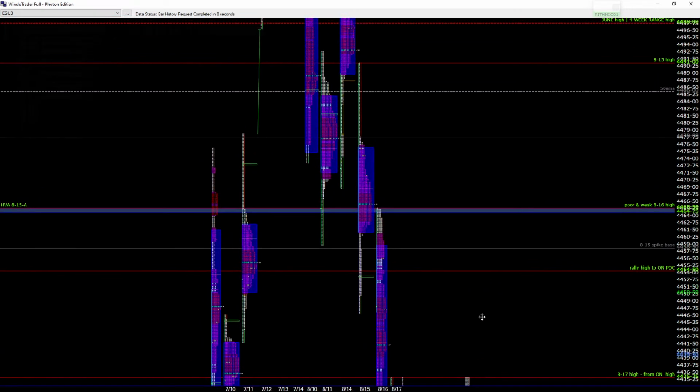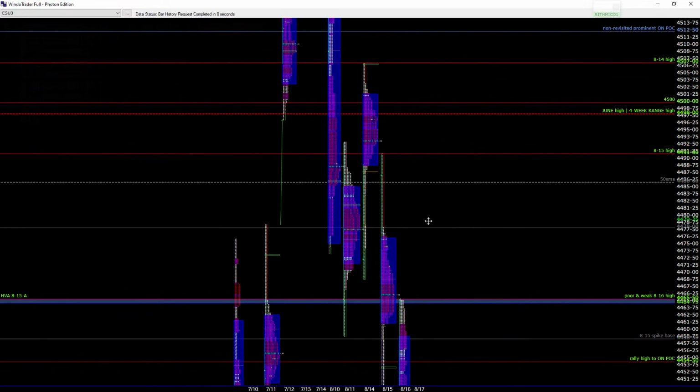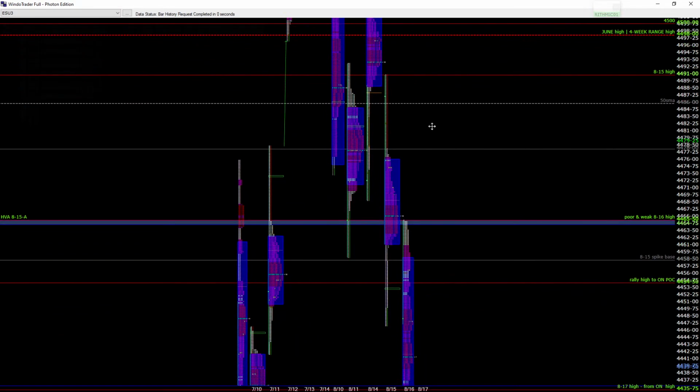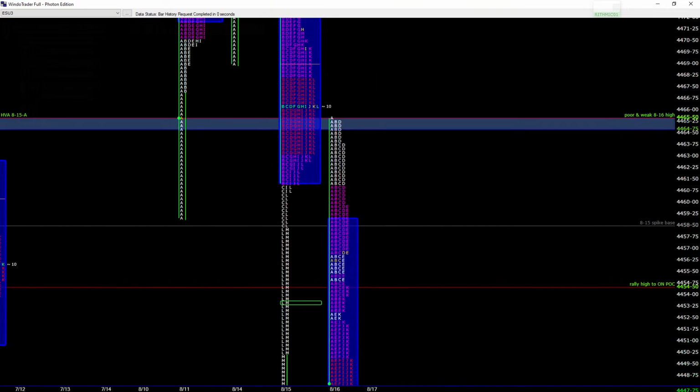But notice this, right? Notice this day, the 16th, which was Wednesday. Notice how close it is to the previous day POC. It was sold from POC.